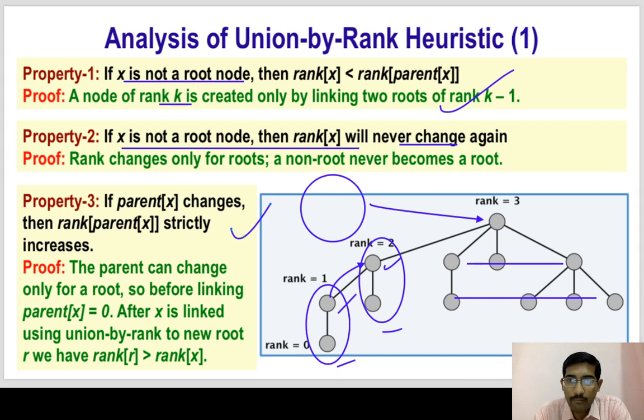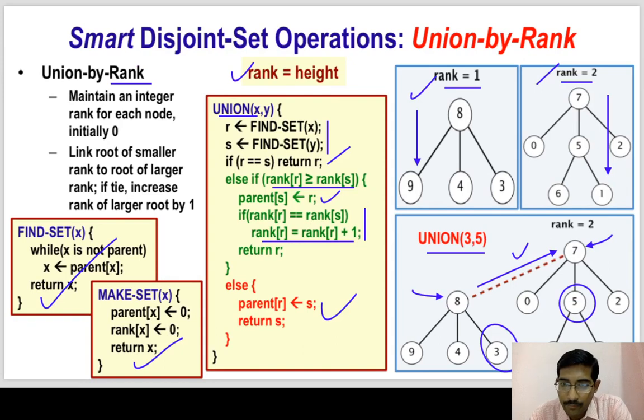Let us look back to the union. Parent of x, let's say for this example, here the parent of x is getting changed by a union operation. So earlier this parent of x before union was 0, now after union it becomes 7. So once it becomes 7, therefore either in case of join its rank always increases, or it will remain at 0 if it becomes disjoint, and this becomes a representative root.